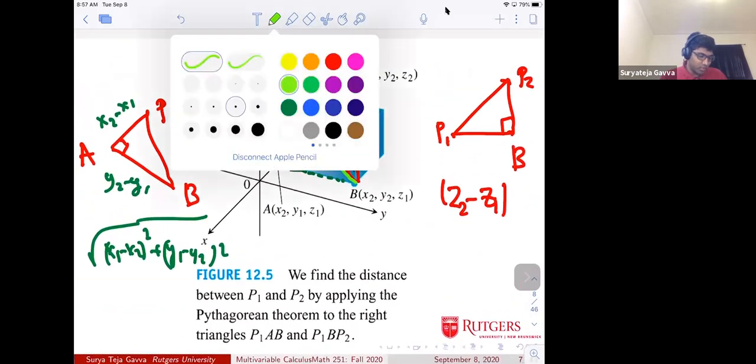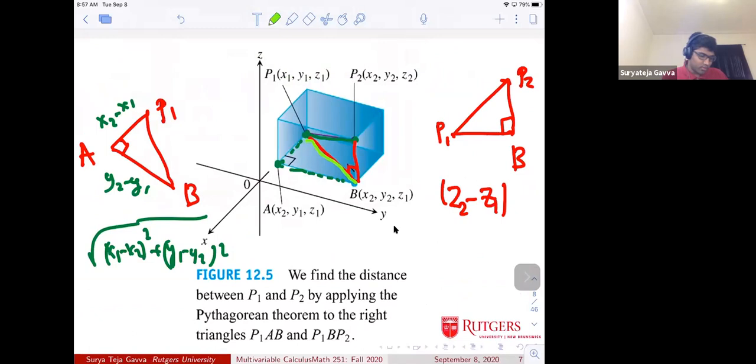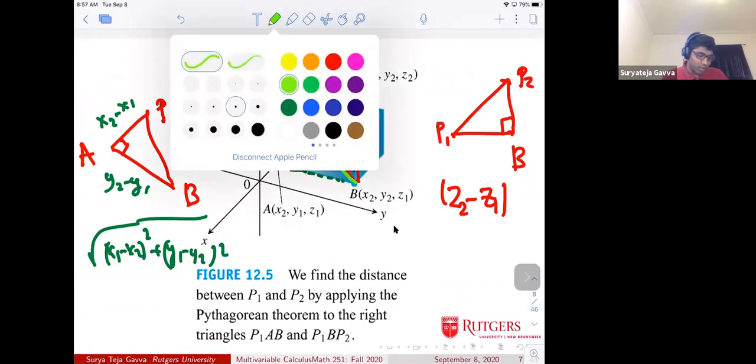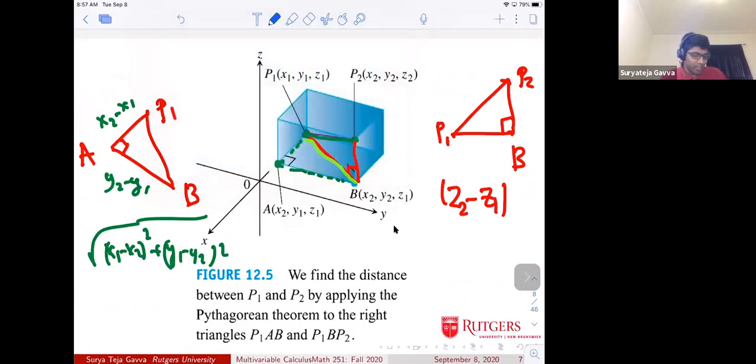If you use these two distances and apply the Pythagorean theorem, you'll see that the distance is what I claimed. I hope you understand this. It's basic geometry. You apply the Pythagorean theorem twice: once to get this diagonal length, and once you have the diagonal length, you use the height to get the total distance. So this is the distance.